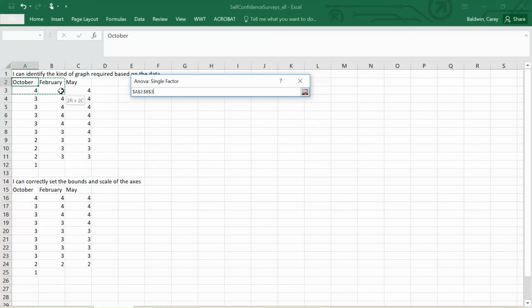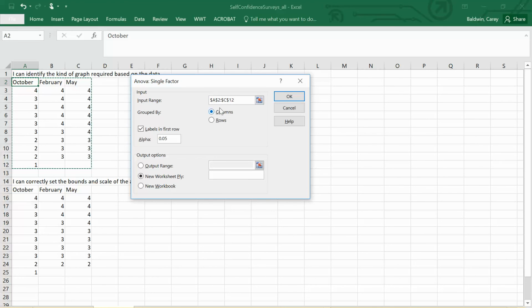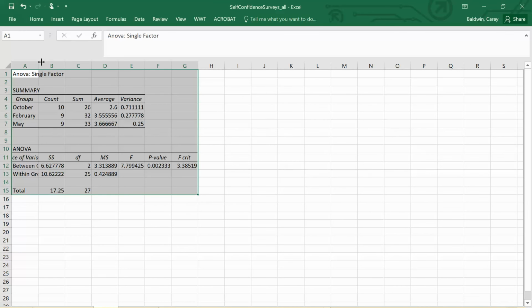So I'm going to go to the spreadsheet and just highlight those 3 columns. I need to say the data are grouped by columns. I highlighted the names of the months that you did the study, so I click on labels in first row, and then I select new worksheet, apply. That's going to give me a new tab, and so I say okay. Okay, good, it worked.